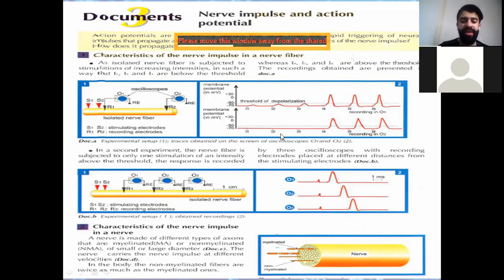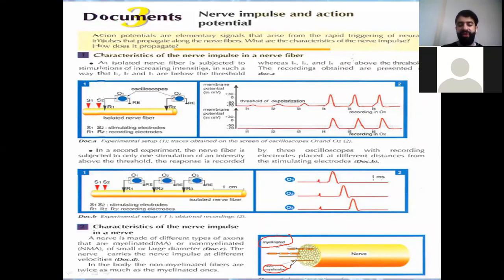Or they may be non-myelinated axons, where the speed will be lower. So the nerve carries the nerve impulse at different velocities. This is going to be shown in document D. In the body, the non-myelinated fibers are twice as many as the myelinated.